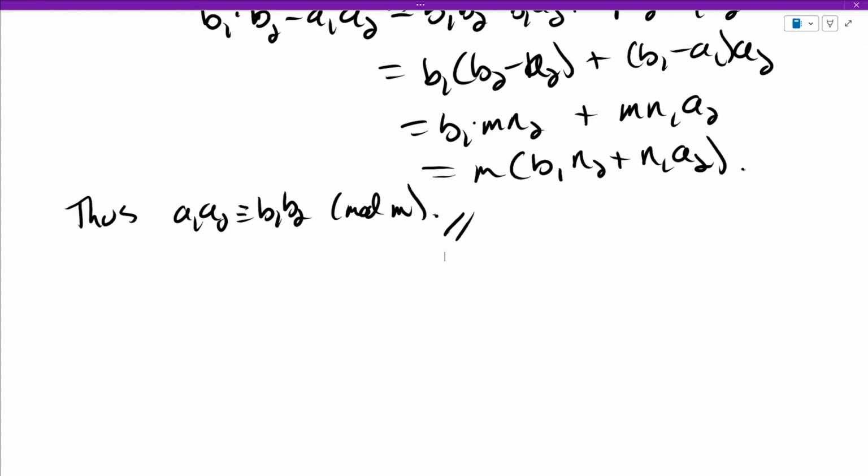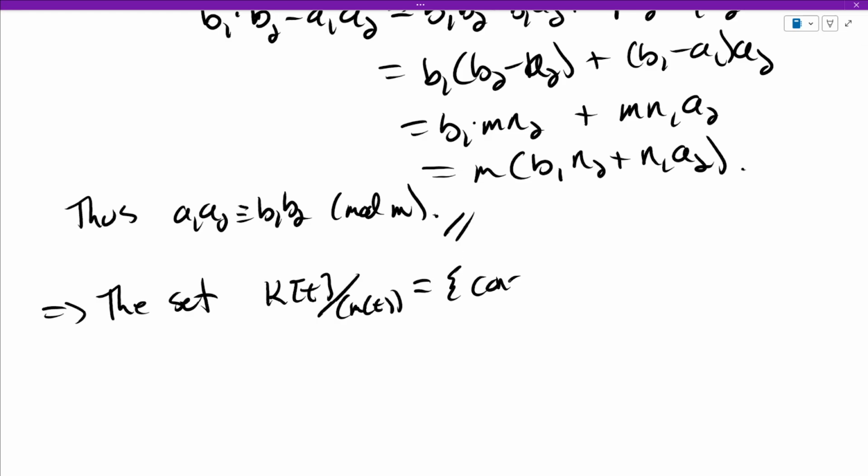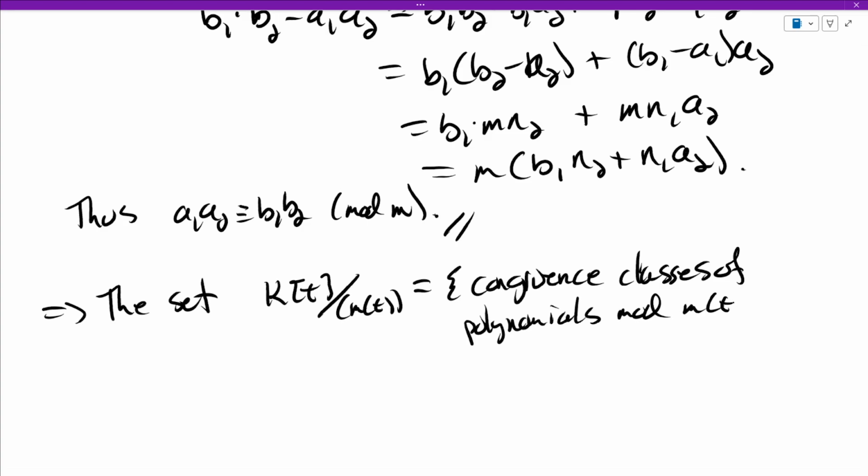This, together with a bunch of things that we already know about rings, is telling us that the set K(t) mod m(t), which is just notation for congruence classes of polynomials mod m, so we regard two polynomials as the same if they're congruent mod m, is actually a ring.